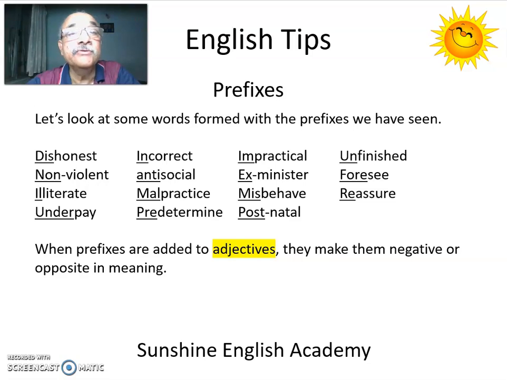Antisocial refers to a behavior not accepted in society. Ex-minister means a minister who was previously there. Foresee means to see beforehand. Illiterate means not literate. Malpractice is a bad practice.